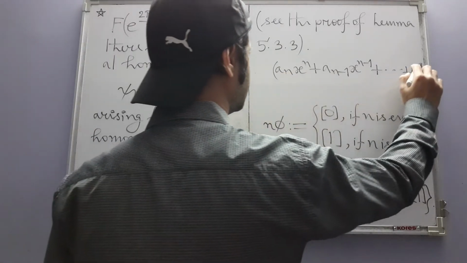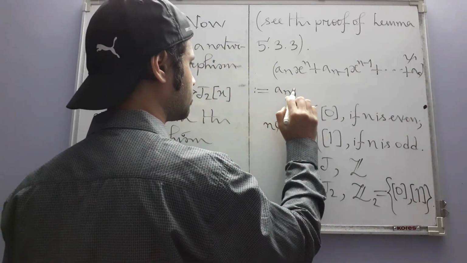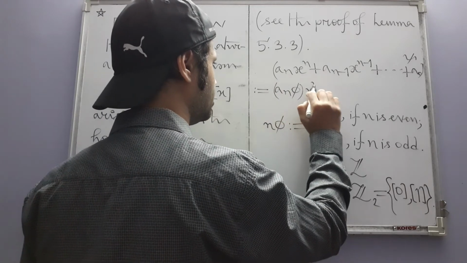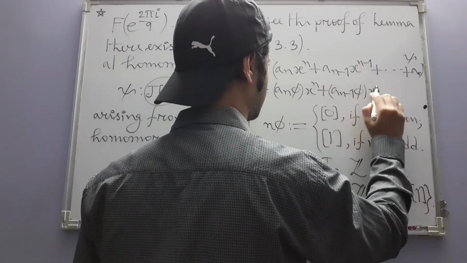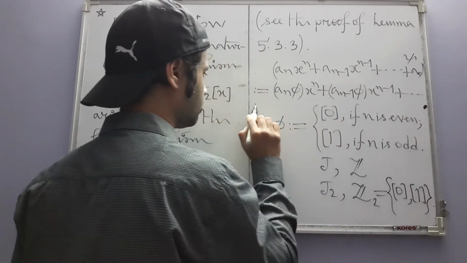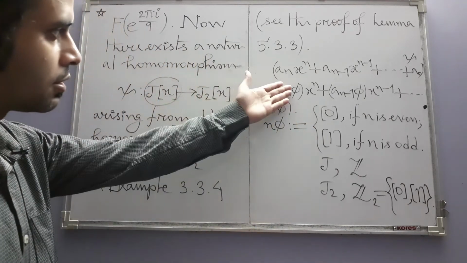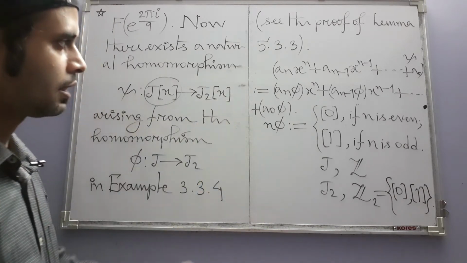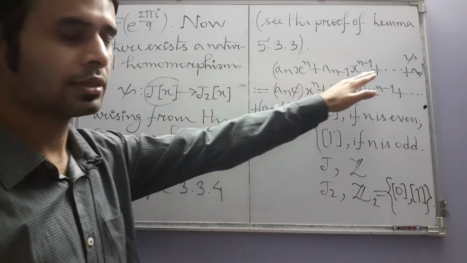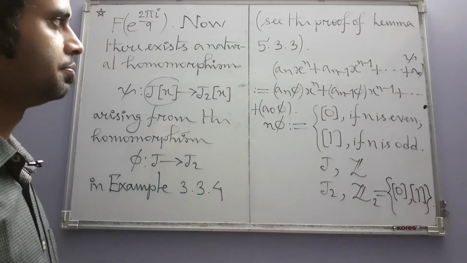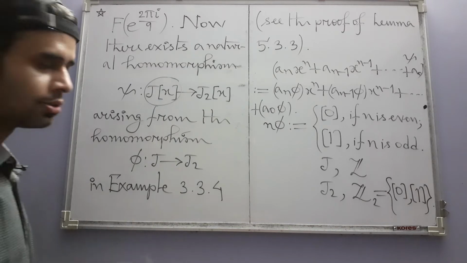Its psi image is this. You just replace each coefficient with its phi image. That's all. And this then becomes a polynomial here, and the fact that phi is a ring homomorphism gives the fact that psi is also a ring homomorphism. Okay. So that's this whole thing.